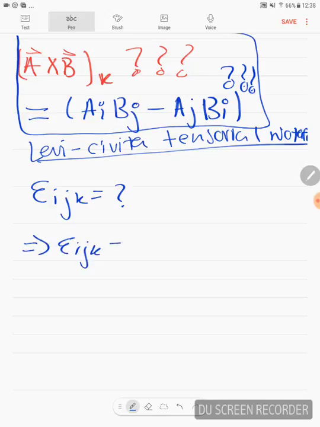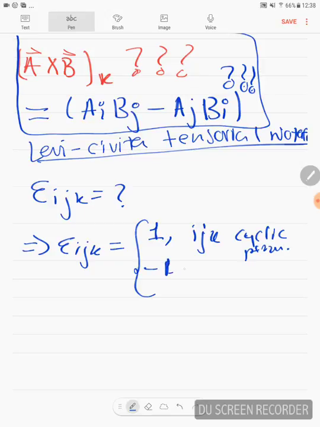This tensor a_ijk is equal to 1 when the permutation between i, j and k is cyclic, is -1 when i, j and k is non-cyclic, and is 0 when i is equal to j, or j is equal to k, or k is equal to i.